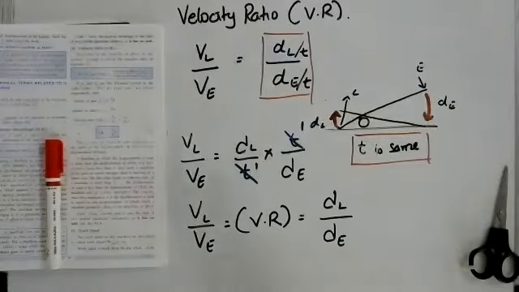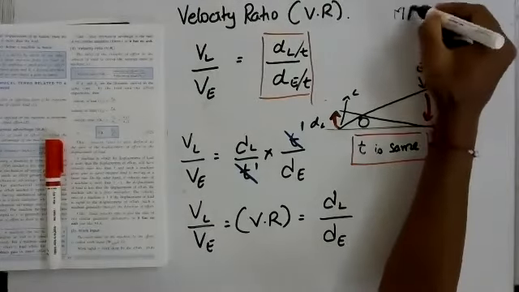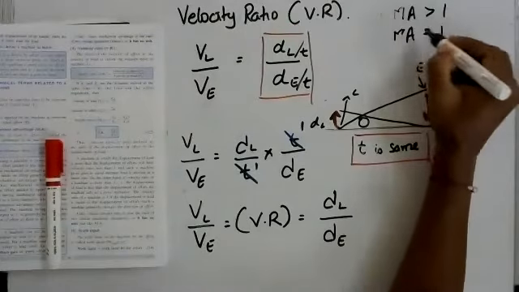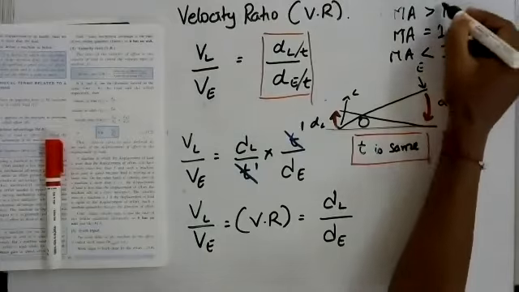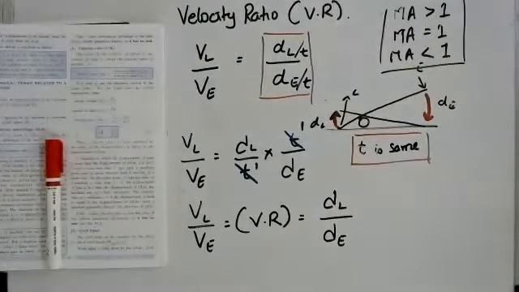Okay, so now again, just as in the case of mechanical advantage, mechanical advantage can be greater than 1, mechanical advantage can be equal to 1, and mechanical advantage can also be lesser than 1. There is something in terms of the advantage that the machine brings to you when that happens.